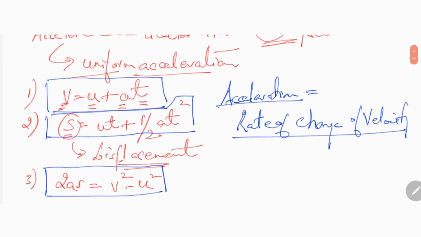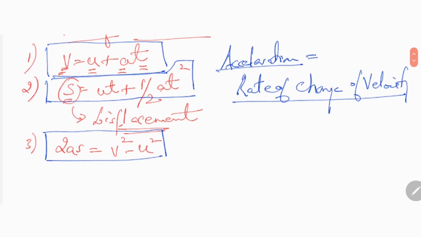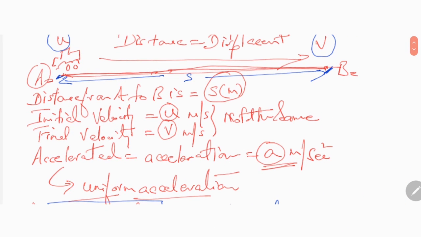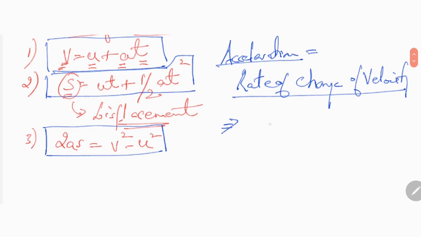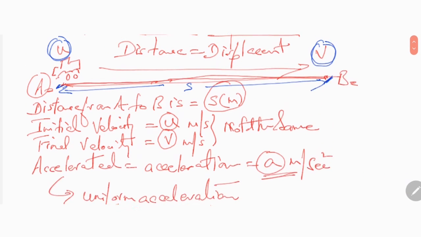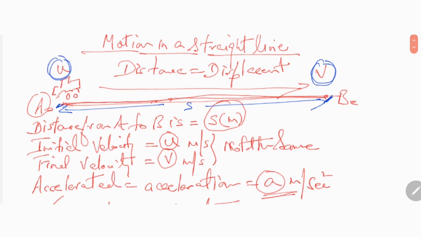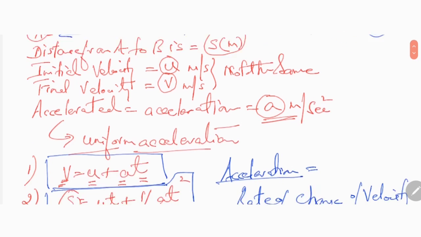When we say rate of change, that means we are just understanding how velocity has changed over a period of time. So what is the change of velocity? The initial velocity here was u. Final velocity was v. Therefore change of velocity is final velocity minus initial velocity. And let's say your car took a total time of t to reach from here to here.